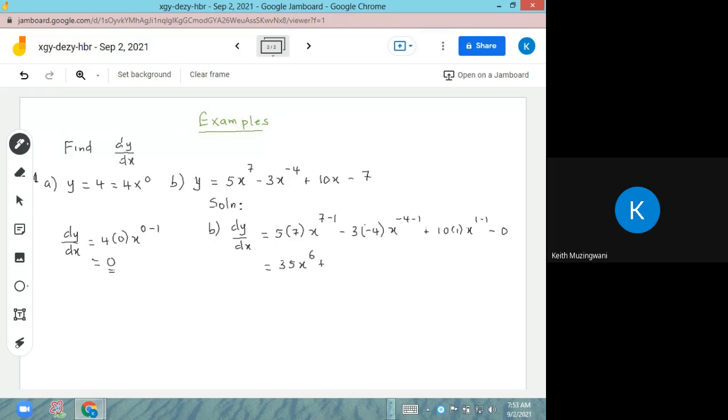This becomes plus 12 x to the power negative 5, and plus 10, x to the power 0 is just 1, so we just get 10 there. That's how we find the derivative. We have used power rule throughout.